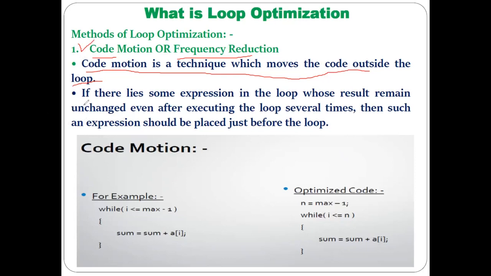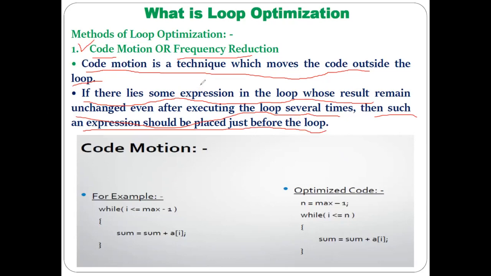Now, if there is some expression in the loop whose result remains unchanged even after executing the loop several times, then such an expression should be placed just before the loop. What does it mean?